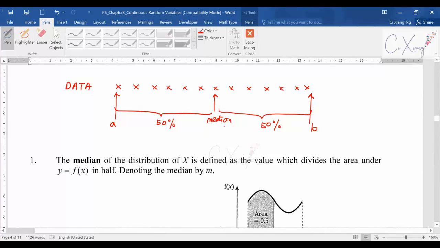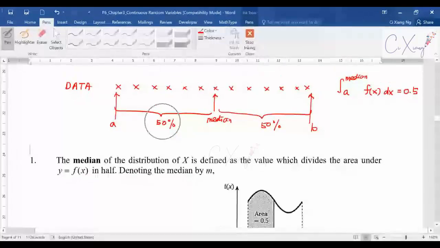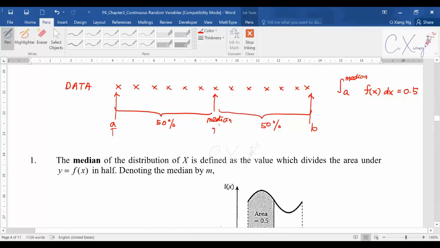If we bring this concept into the continuous random variable, when you integrate from the smallest value to the median for the function in the probability distribution, you will get the answer equal to 0.5. 0.5 means 50%. So when you integrate from a until the median, the probability or area you get should be half of your whole set of data.